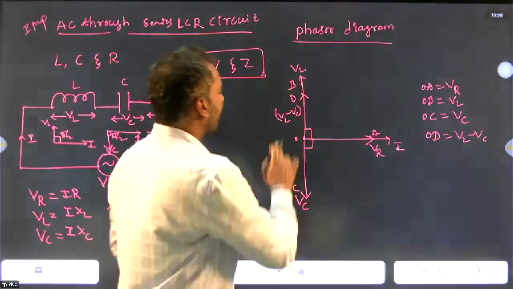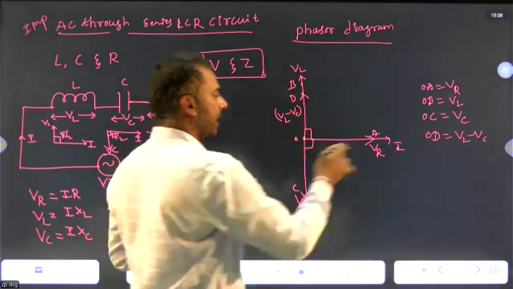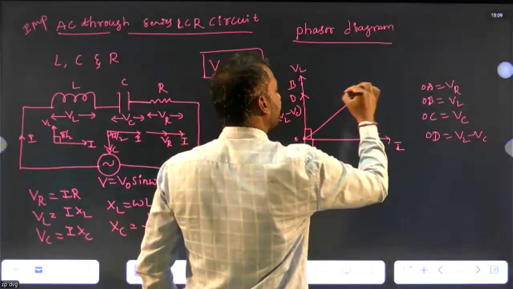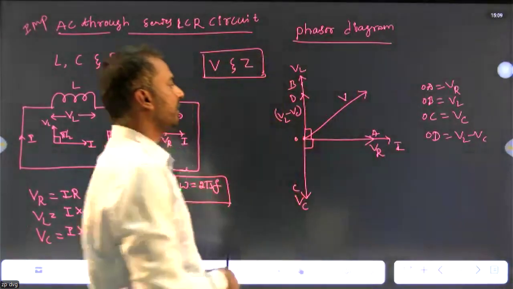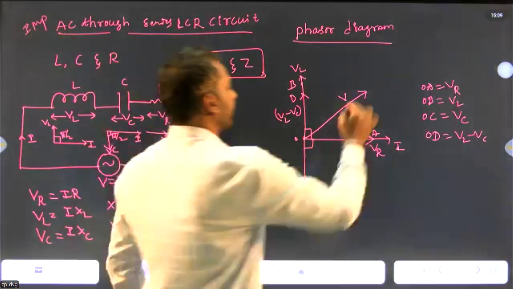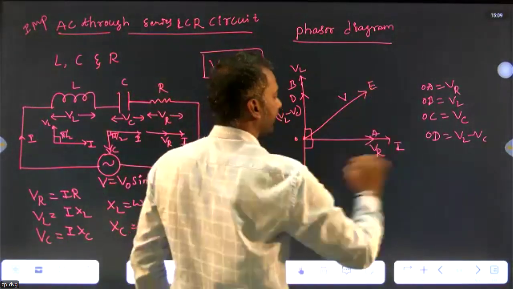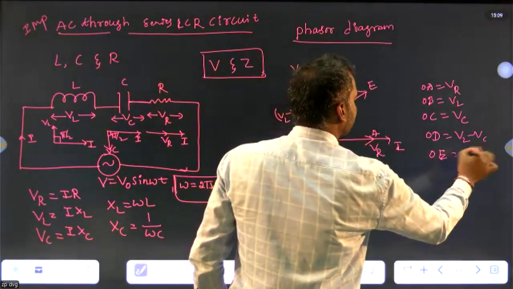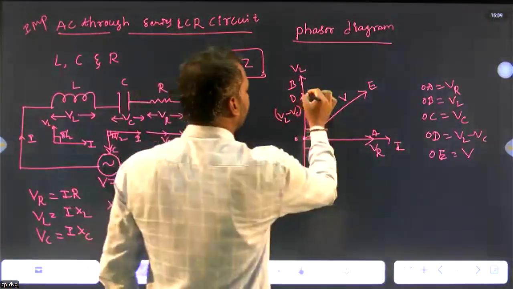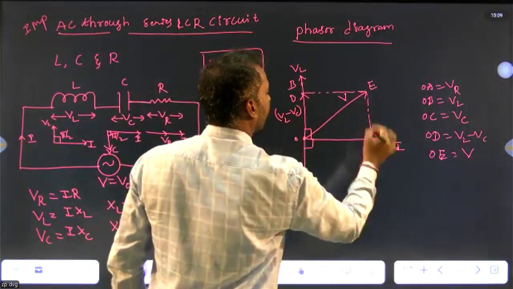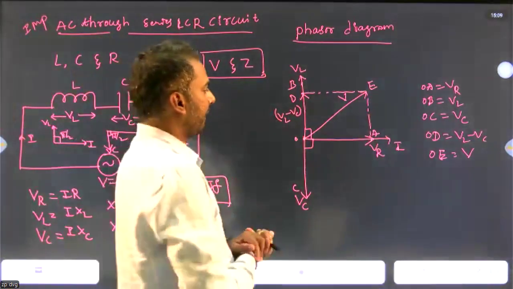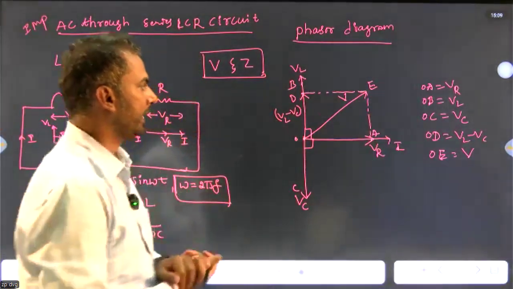Now the resultant of VL minus VC and VR is V. V means resultant voltage of VL minus VC and VR, which is represented by OE. OE is equal to V. V means resultant voltage.